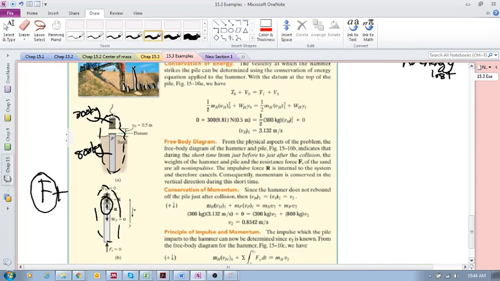But we've also got forces due to the weight of both the hammer and the pile, and we've got the resistance force of the sand. Now this is where we need to understand what are impulsive and non-impulsive forces.